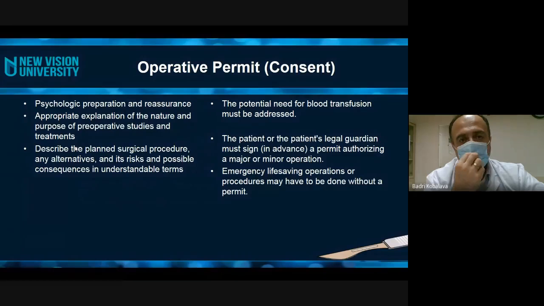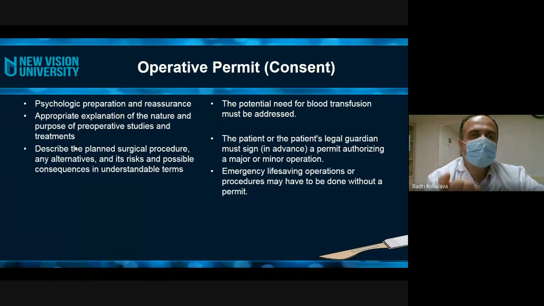Okay, now about the operative consent. We already talked about this during our previous lecture: how to get the consent from the patient. First of all, the patient must trust you to sign the consent because you operate on his or her body. That's why trust is necessary.